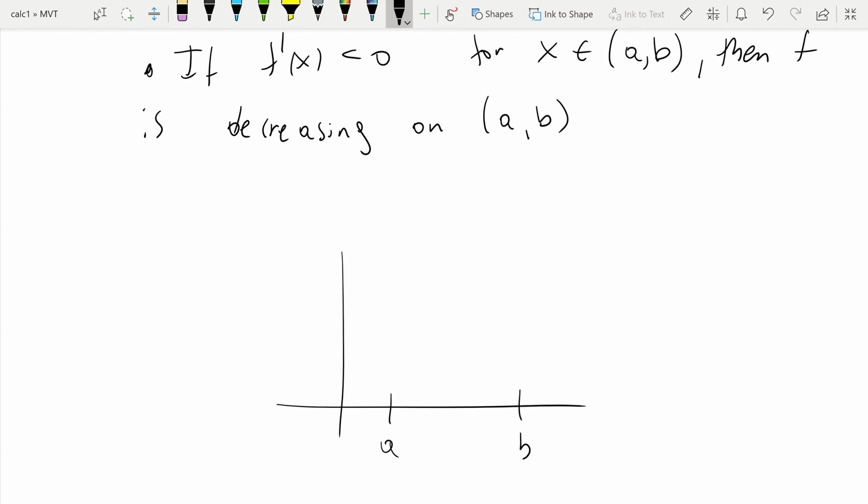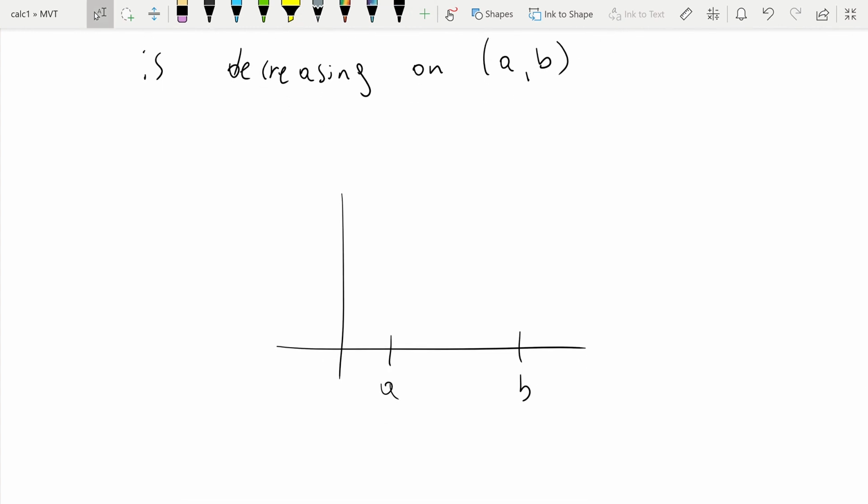Here we say that whenever we have a function whose derivative is positive inside an interval, then it must be increasing.